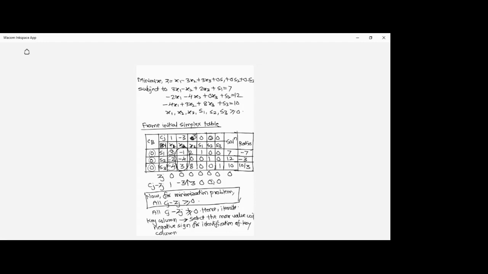Right? So what is the criteria for the leaving variable? For the key row, same criteria, right? Minimum non-negative value. So the same criteria we applied for the maximization problem also remains the same for your minimization problem, right?